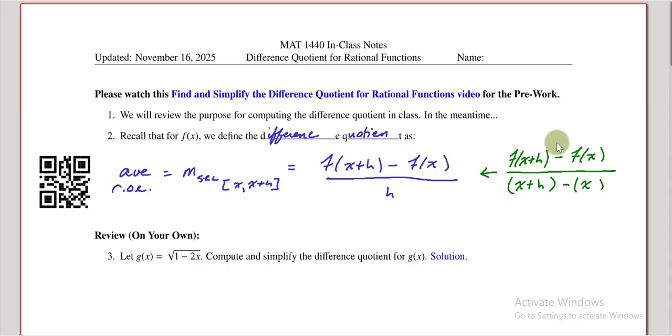So I'm pointing that out because if you look at it this way, it's a little bit easier to see the difference quotient is really just the slope of a line connecting 2 points on a function. But once we add out the factors of x, that becomes a little bit harder. Okay, so that's a review.